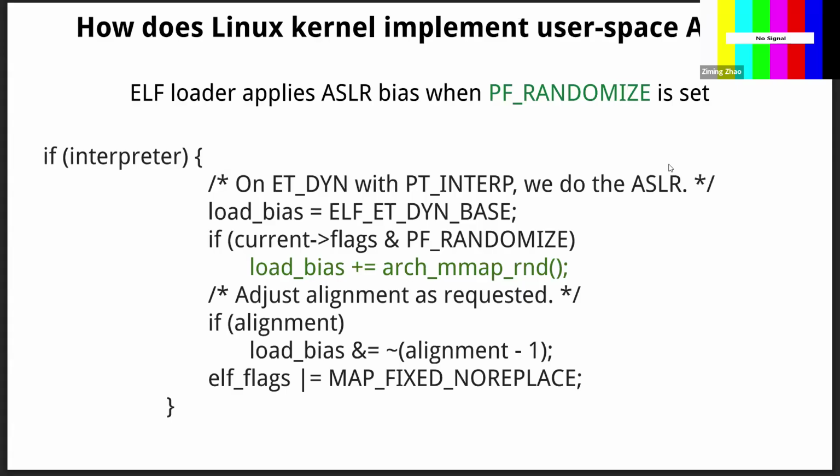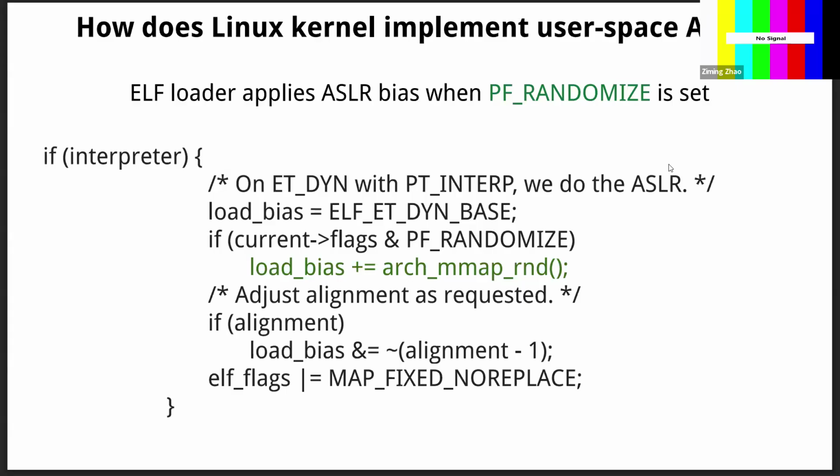It's not shown here. As you can see, the Linux kernel will load programs to an address, load_bias. Okay. That is basically the base address to load your ELF file to. There is a hard-coded base address.